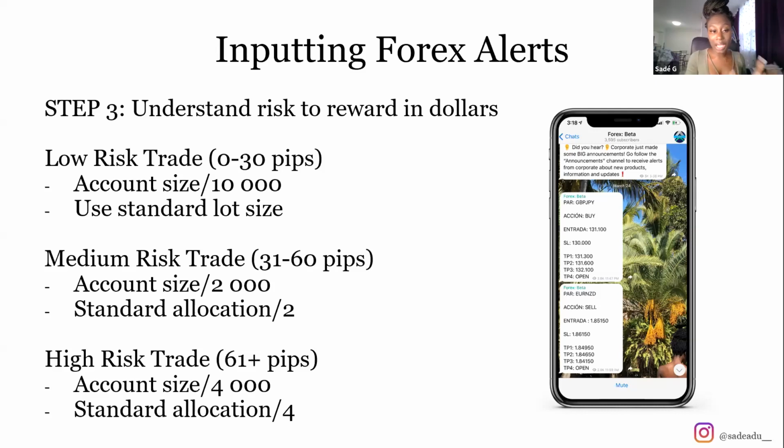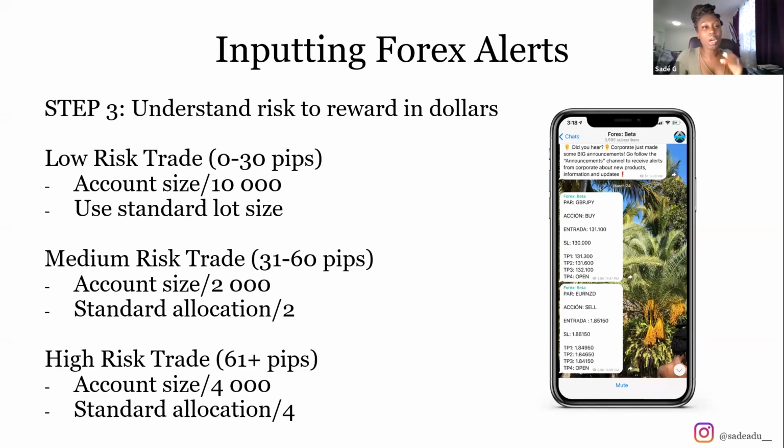If you're doing a high risk trade, 61 plus pips, your account size divided by 4,000, or your standard allocation divided by 4. If you have a $1,000 account, 0.10 divided by 4 is 0.025. Obviously you will put in 0.02, because you can't put in 0.025. Hopefully that makes sense for you guys.